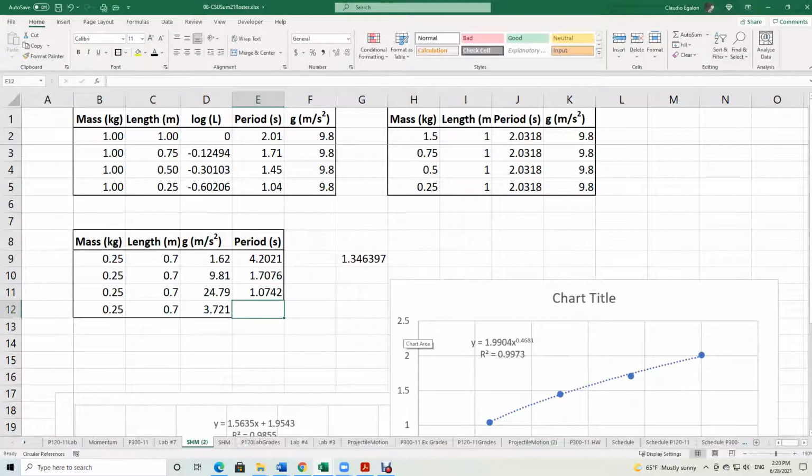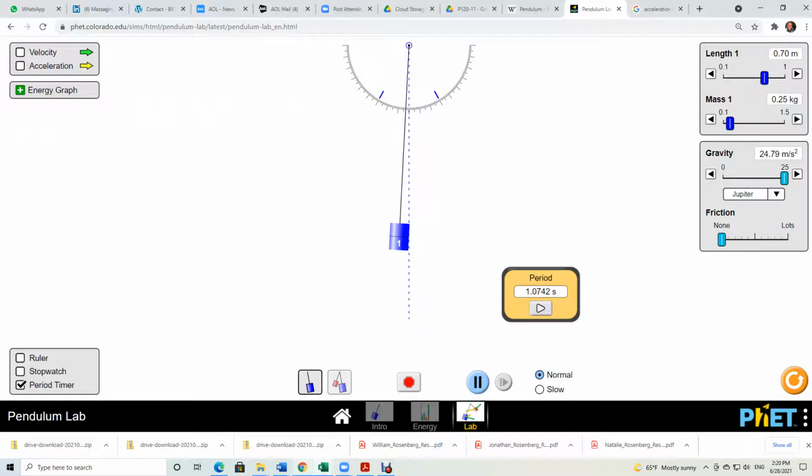1.0742, and finally 3.721. Pause. Right in here.